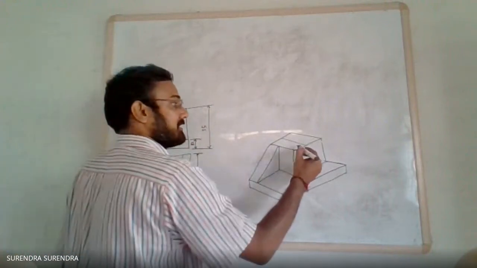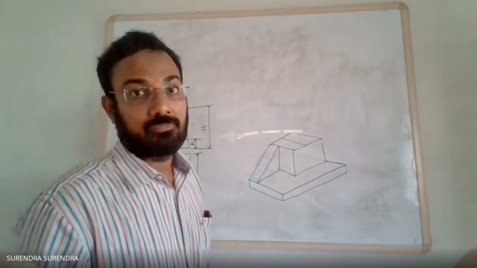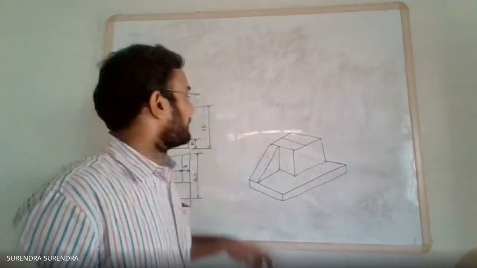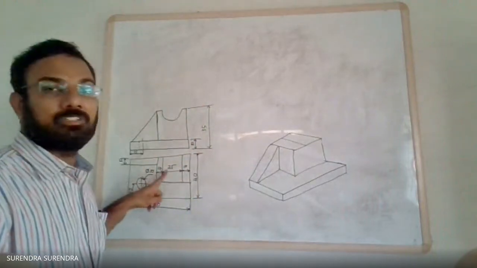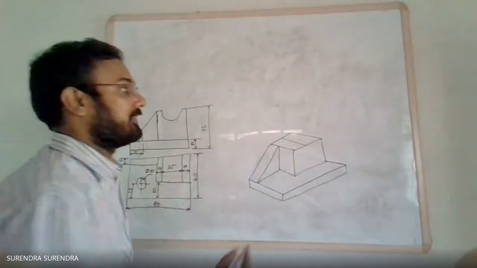Based on this construct a square in isometric view for a square. This circle in dimension ఎంత 25 mm అంటే 25 mm diameter. So 25 mm square construct చేయండి.